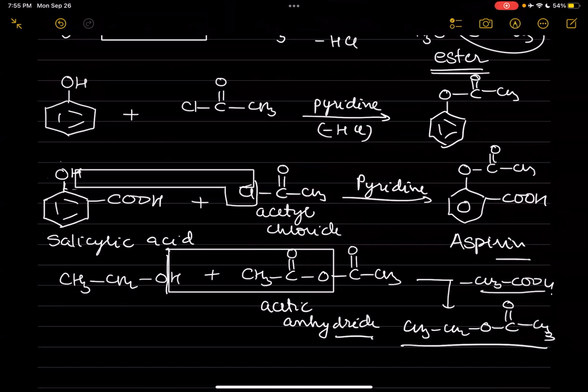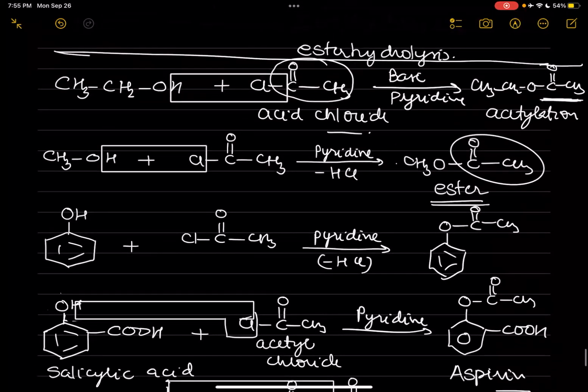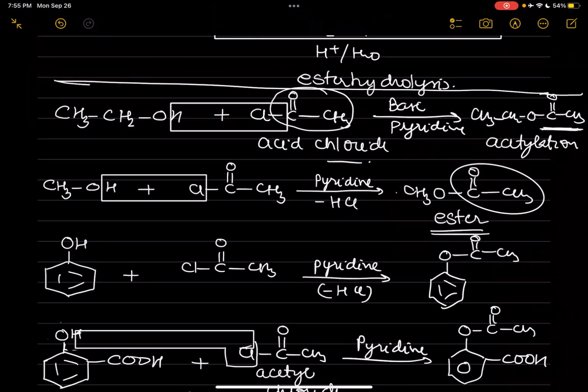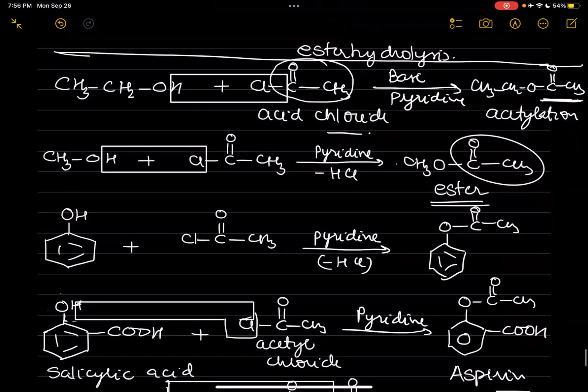So just remember it, and it will be useful in your upcoming chapters also. Okay. Even amines also get acetylated. Okay. And this is the type 1 reaction, in which you remove H plus. H plus is removed and you put COCH3, acetyl. If you take any other acid also, the reaction will be the same, only this portion is going to change.